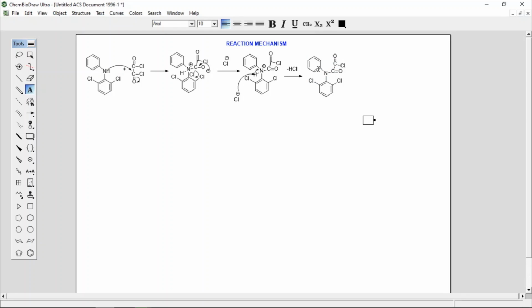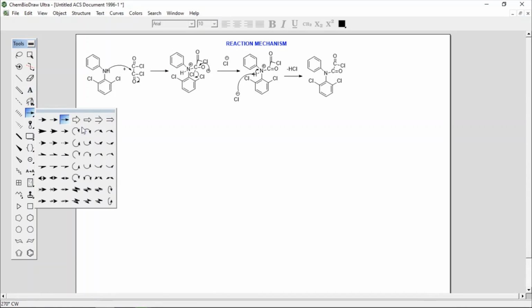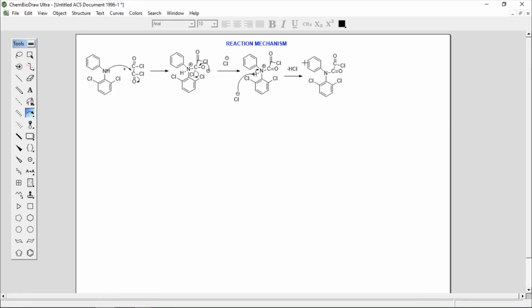In FYBSc you have learned the electrophilic aromatic substitution reaction, in which the ring acts as a nucleophile. So here this double bond will attack the carbonyl carbon of this acid chloride.